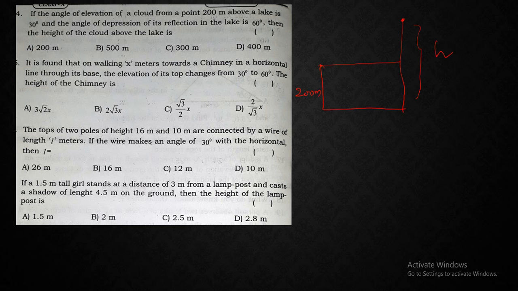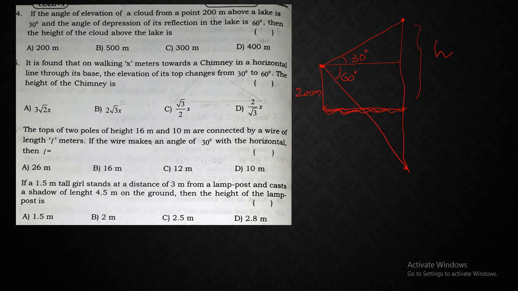Now what he has given, from this point he is observing, so this is 30 degrees, right? From the same point, since this is the lake, the reflection will fall somewhere here. That reflection is observed from the same point, then this angle of depression is 60 degrees. Then what is the height of the cloud?